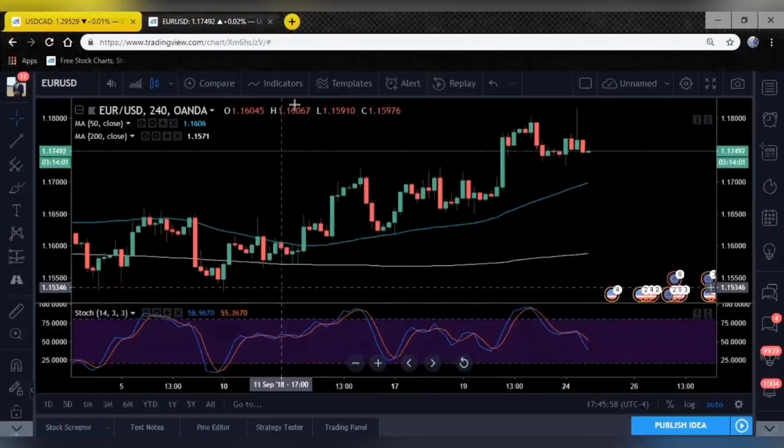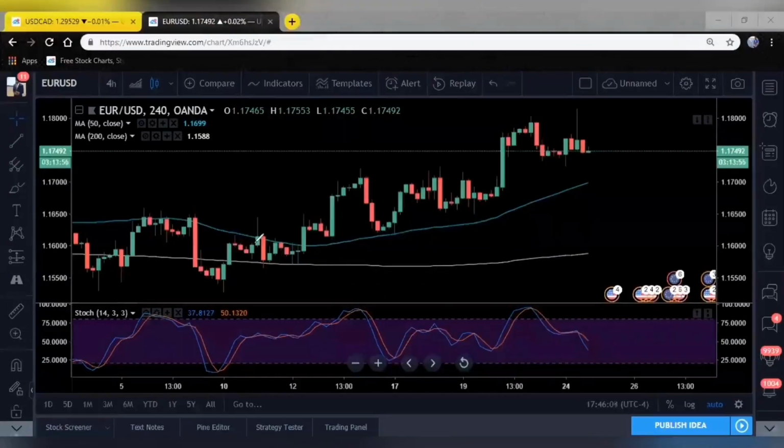So for example, here we could see that we had bullish candles right above the 200 moving average. Price broke and started moving right above the 50 moving average.